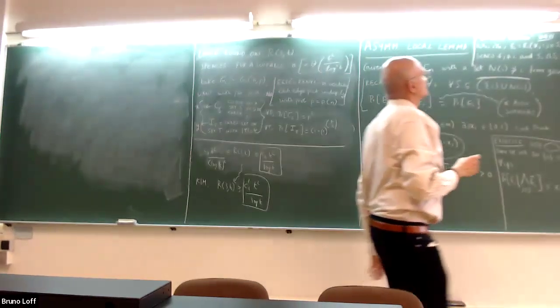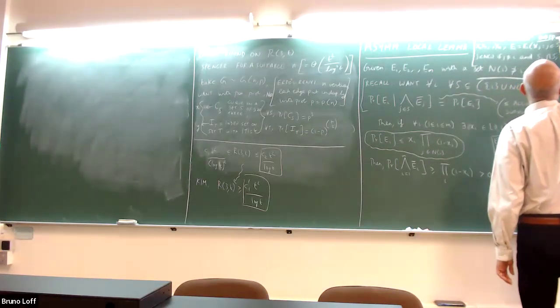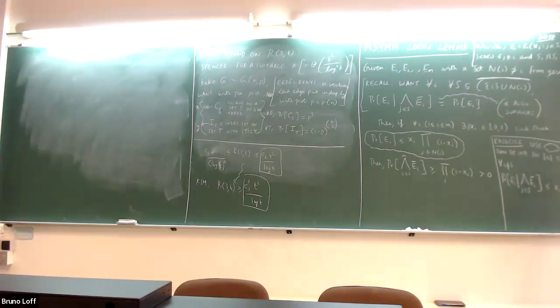By the variable notion, we simply mean that there are some underlying variables which drive our events. So what is an algorithmic version of the local lemma? You are given this setup and you are promised that there exist these little x_i's. Don't confuse these little x_i's with the capital X_i's.